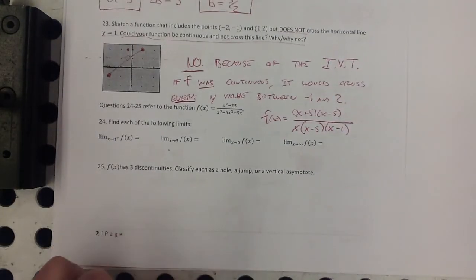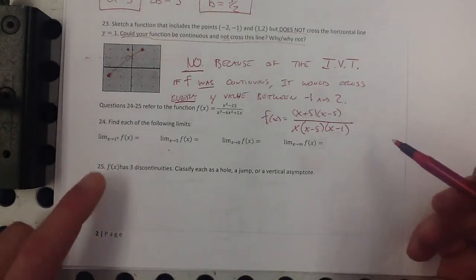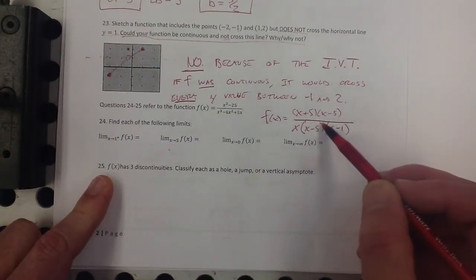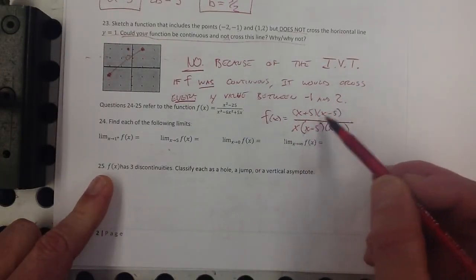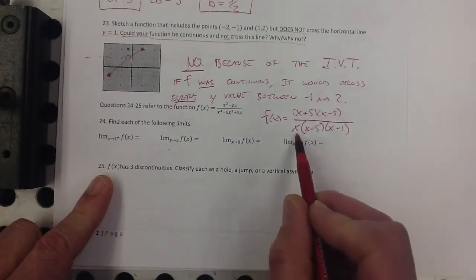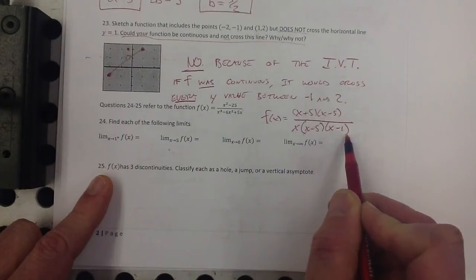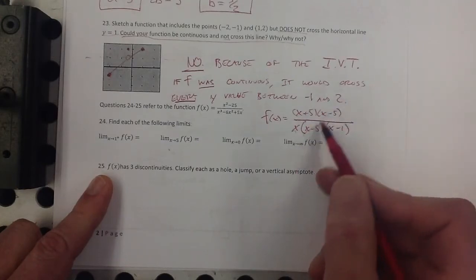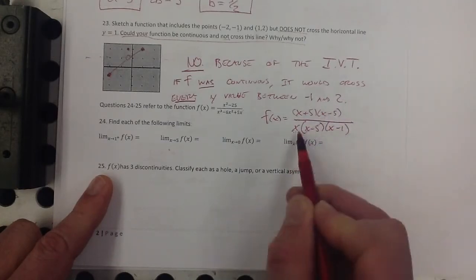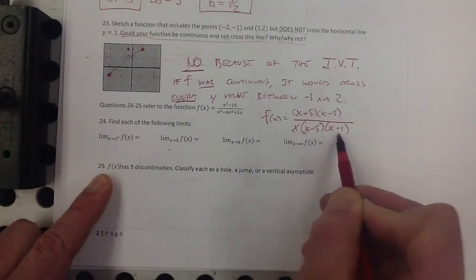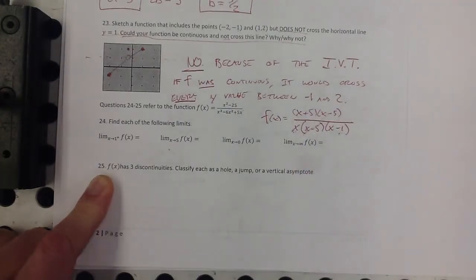All right, that's what you get when you factor that. So let's see. Notice that there's a hole at 5, and there are vertical asymptotes at 0 and 1, right? Hole here because that factor cancels out. Vertical asymptotes anywhere where the bottom's equal to 0, and it doesn't cancel out.